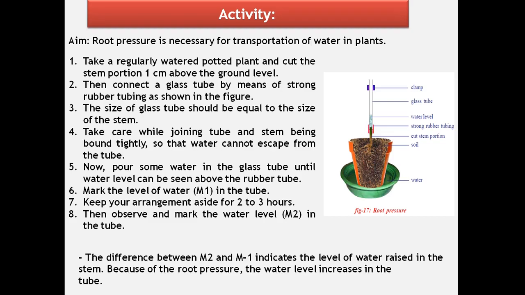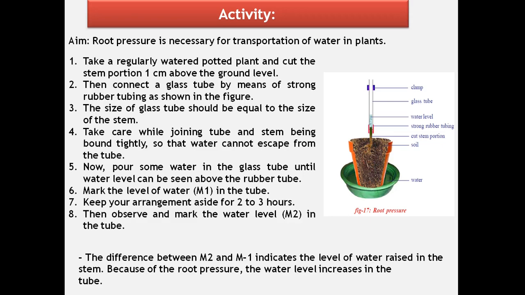We should take care while joining the glass tube and stem, binding them tightly so that water cannot escape from the tube. Here we are tying the glass tube to the stem as a continuous portion by using a rubber tube, and care should be taken that water should not leak out.